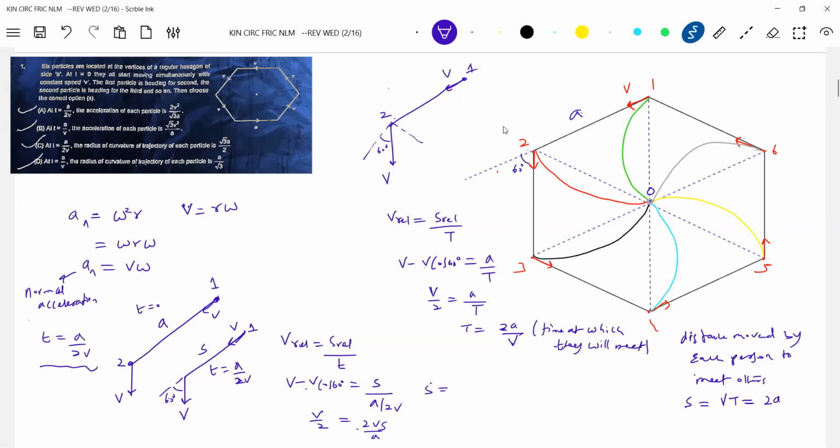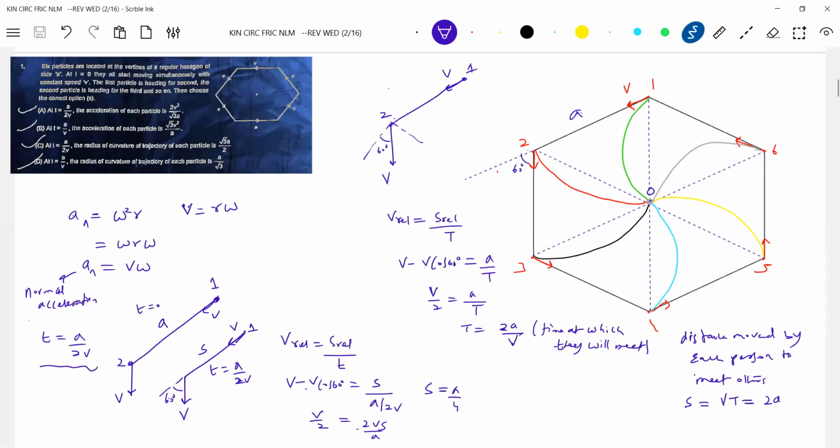I think s will be a by 4. Perpendicular. Okay, this one. Okay, separation is this much. Okay, fine.